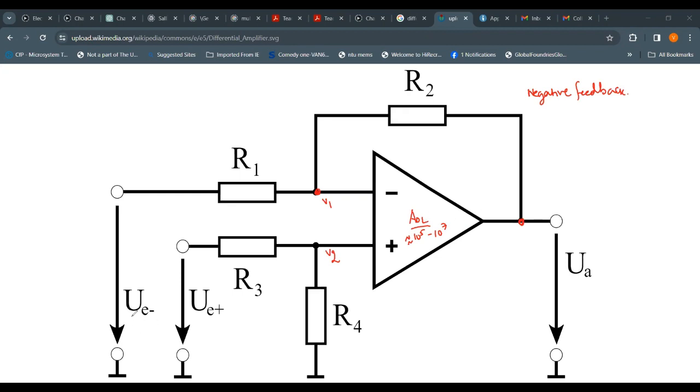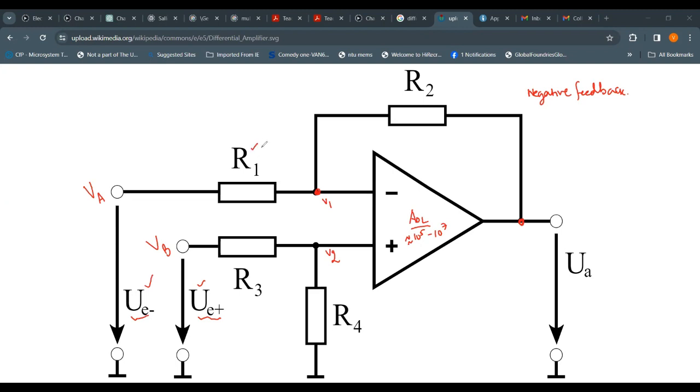So now this is UE minus and UE plus, or rather the external input applied to the negative pin and the input applied to the positive pin. We can also represent them as VA and VB.